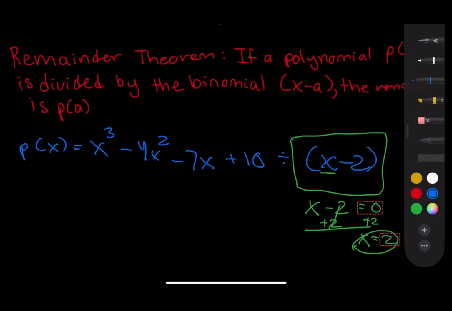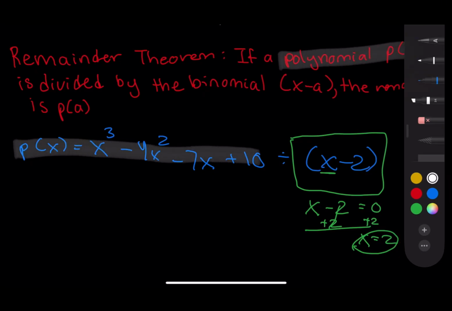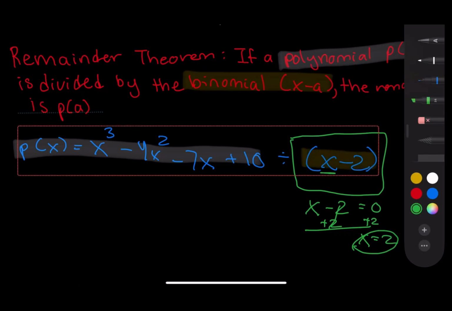Let me highlight the ones that correspond with each other. Our polynomial p of x corresponds with this right here. Then the binomial x minus a corresponds with x minus 2 here. And then p of a is represented by x equals 2.